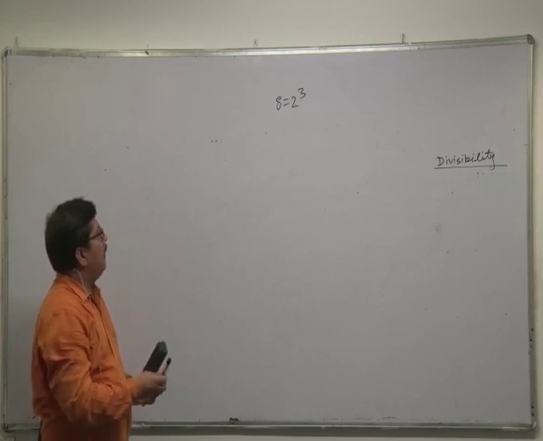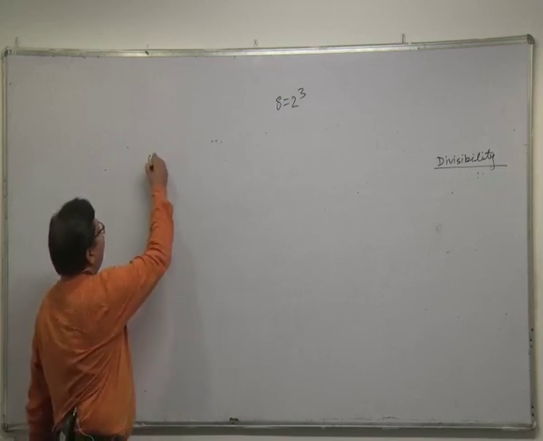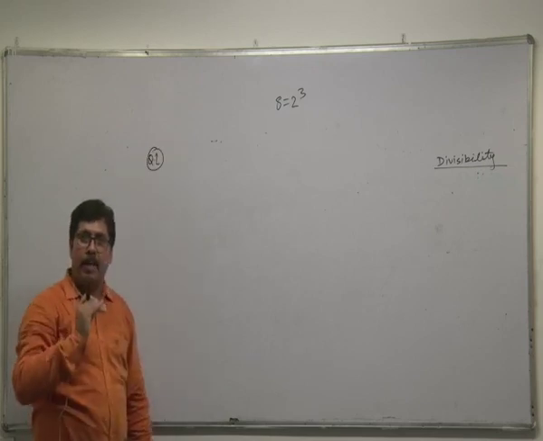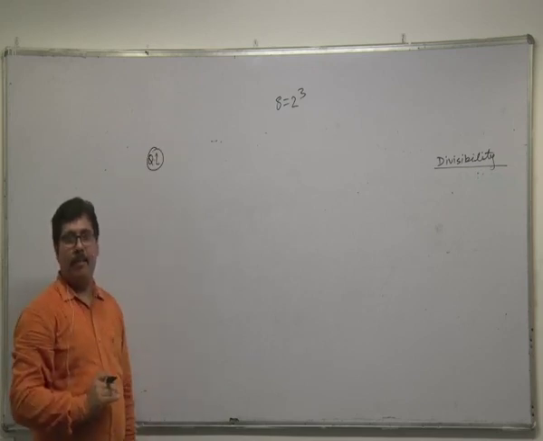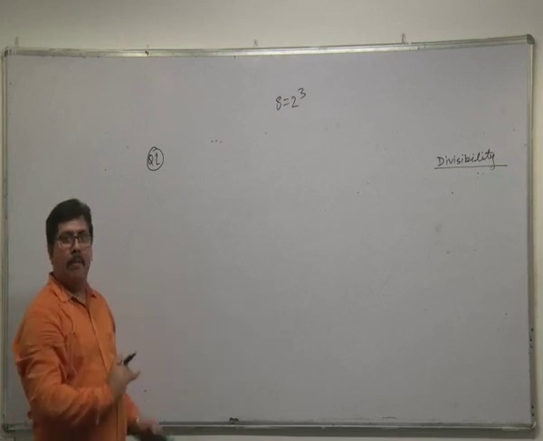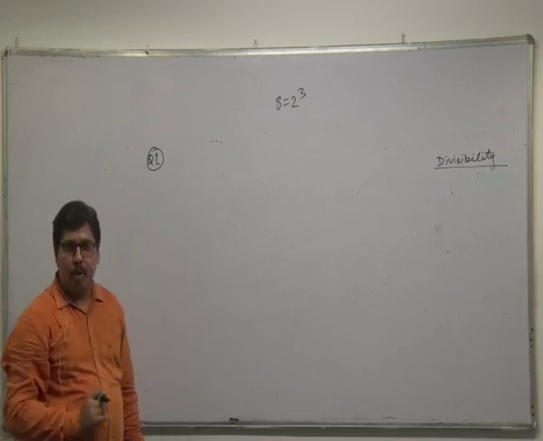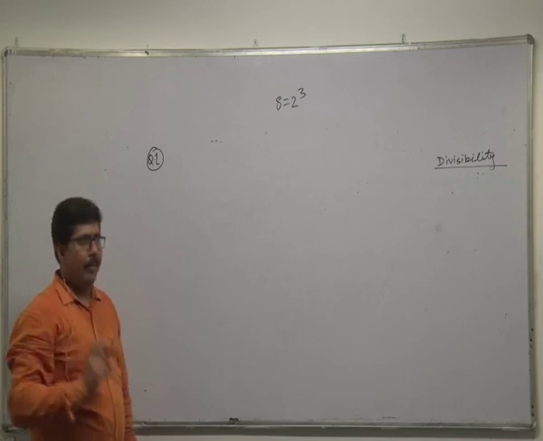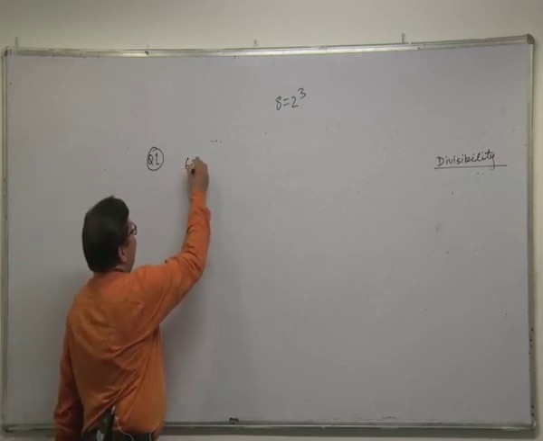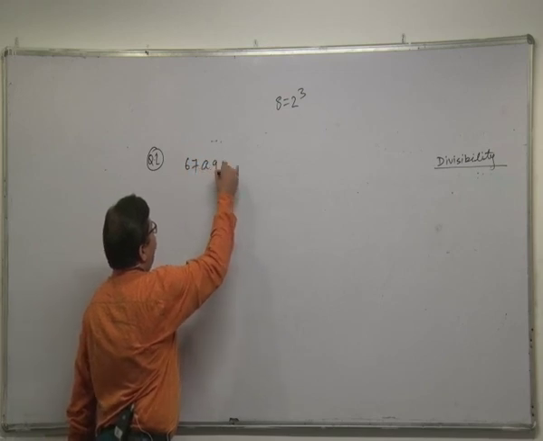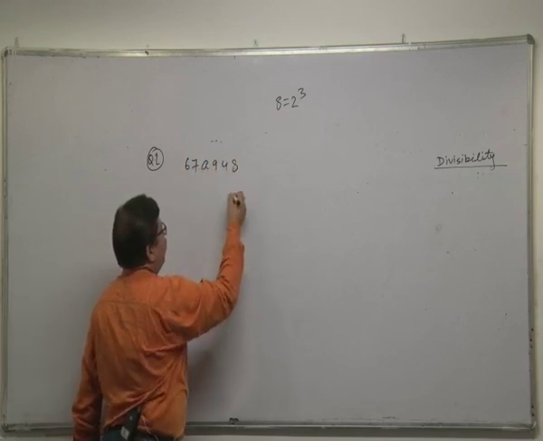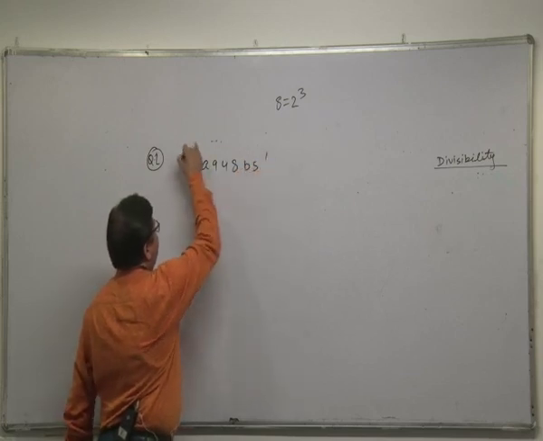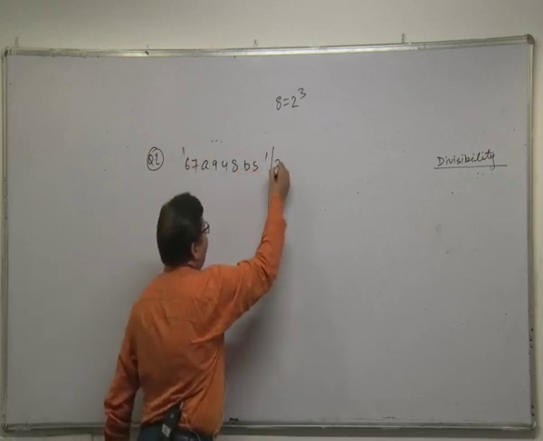Suppose your question is, find the number of possible pairs of A and B so that the given big number is a multiple of 225. My number is 67A948B5. This number is a multiple of 225.